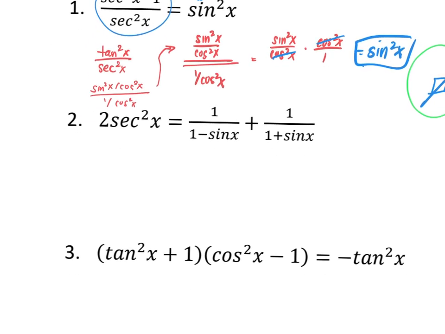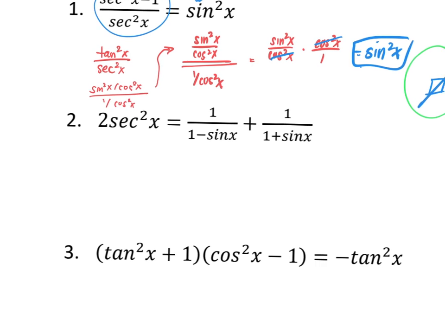Next, we're gonna prove that these two are equal. We're gonna verify this identity. Which side is the most complicated side? Which side should we start with? Hopefully you said the right, okay? And this looks very similar to the problem we did on the other page where we had to use a conjugate.